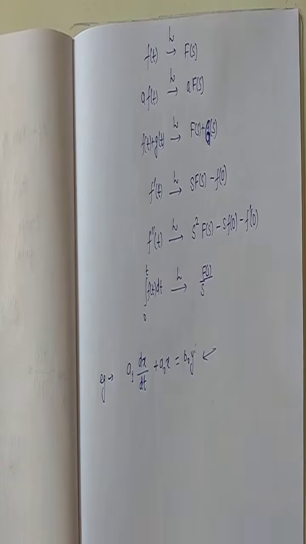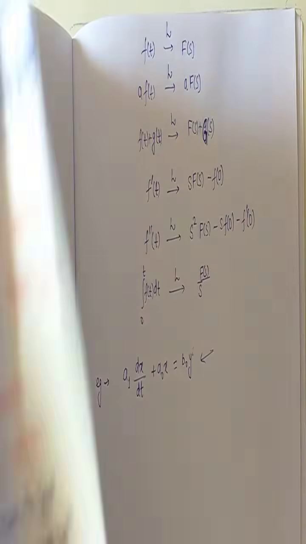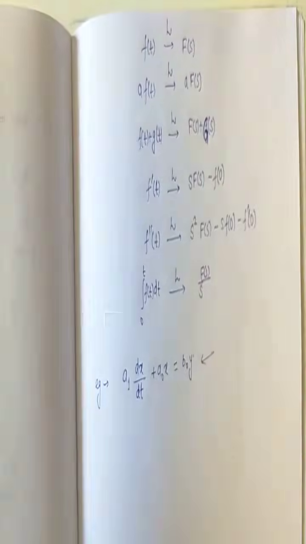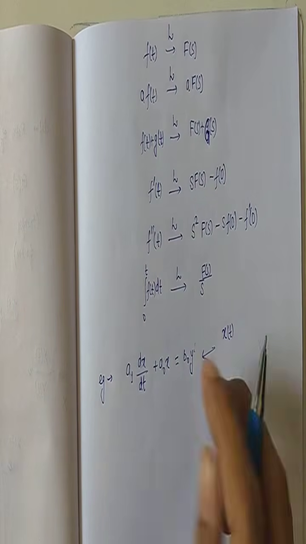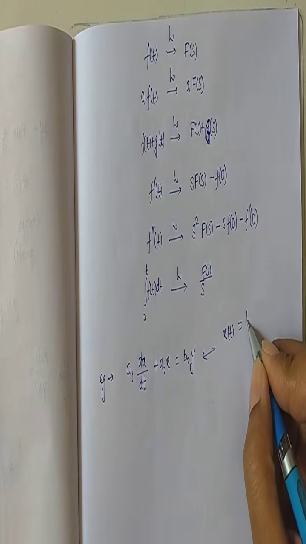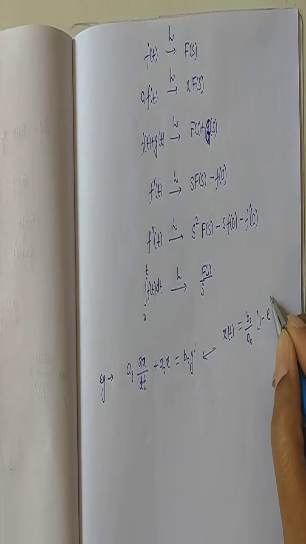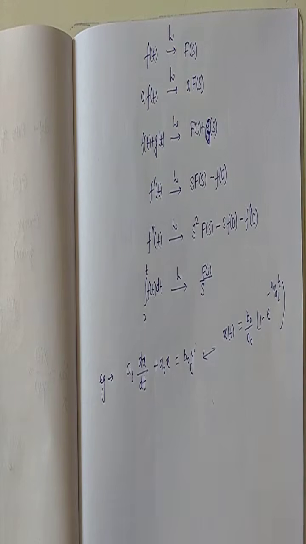So we know from our previous experience that this sort of equation has a solution of the first order system type. We have already seen that this sort of first order equation shows a solution of this kind: b0 by a0 times 1 minus e raised to the power minus a0 by a1 times t. Right.